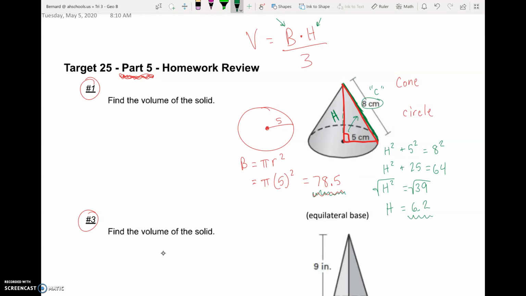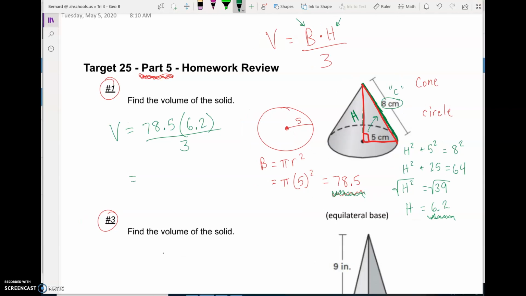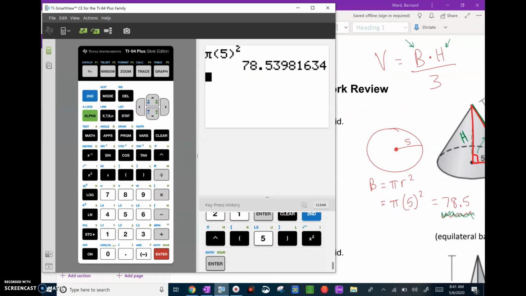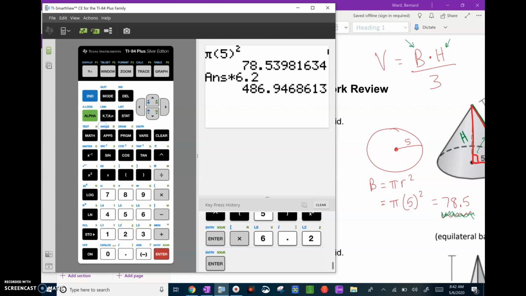78.5 is our big B, and so now we can find the volume: big B times H divided by 3. So big B is 78.5, H is 6.2, and always remember to divide by 3. So 78.5 times 6.2, and then of course we divide by 3 as the last step.